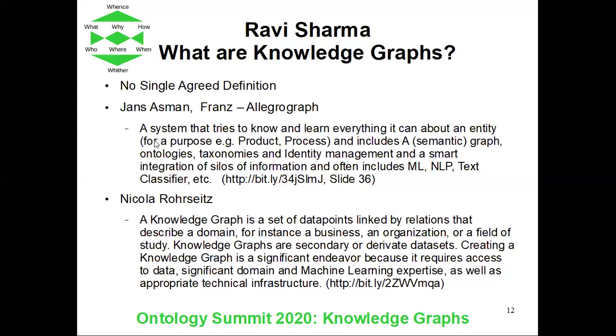So the second reference I found is from Nicola Rohrseitz. It's a set of data points linked by relations. So almost all people that I refer to, they say you start or you create triples which link data points.